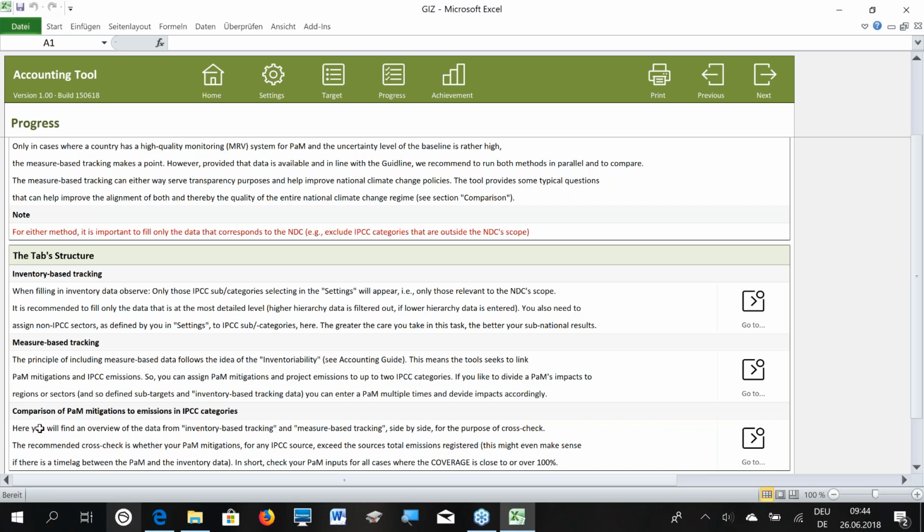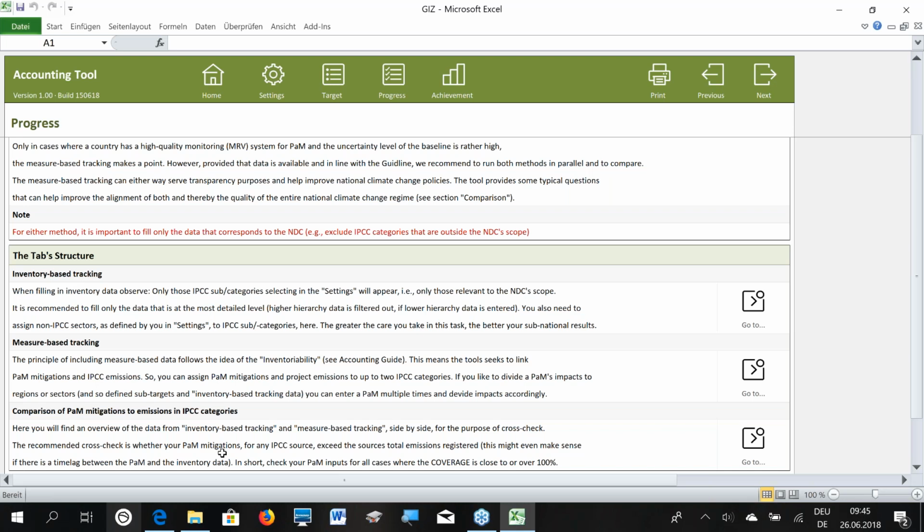And as a third section, you have a section that compares both instruments. The comparison is basically looking at how emissions through measures are introduced at the level of each IPCC category or each IPCC subcategory, and it verifies if you indicate or reduce maybe emissions at the IPCC category higher than the actual emissions of the category.